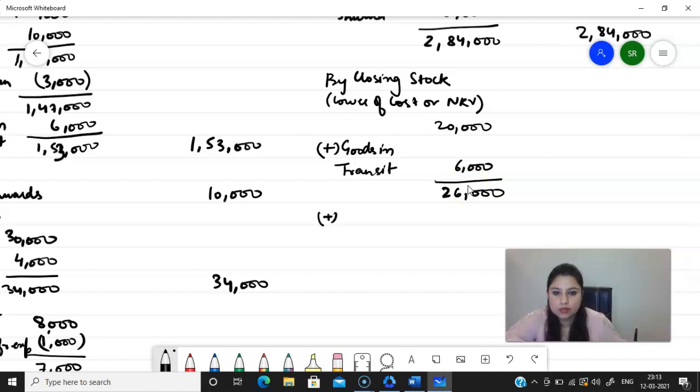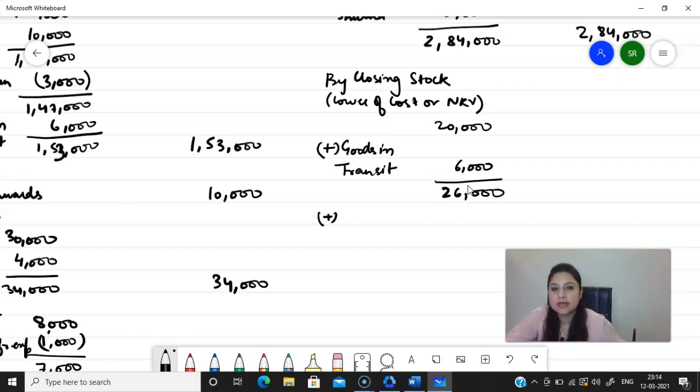And also here, since the goods that have been destroyed and the loss of stock and the insurance company claim, we will be accounting for in the profit and loss account. So here we will be adding those particular goods that have been destroyed in fire and including them in the closing stock, so that the net of the expenses can be recorded in the P&L account.